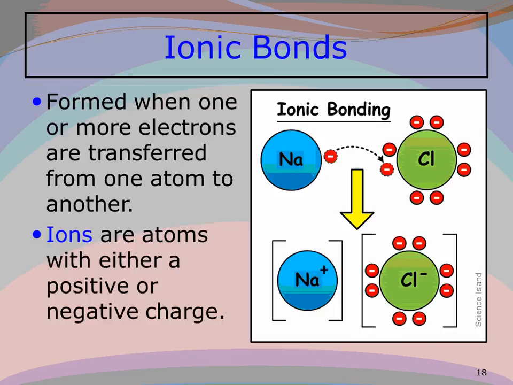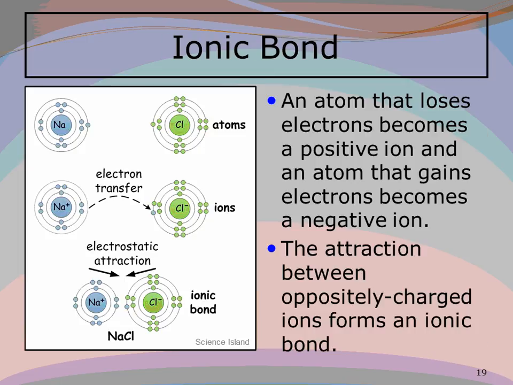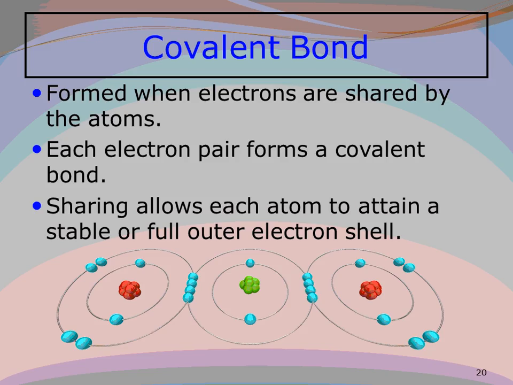Where if we go back here, we see that we're watching sodium give away an electron to chlorine. So this is what an ionic bond looks like. But when they're sharing in that outer valence, that's what a covalent bond looks like because they're sharing. And sharing allows the atom to attain a full outer valence.